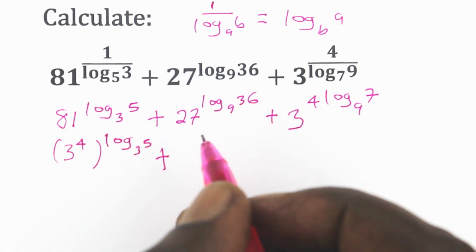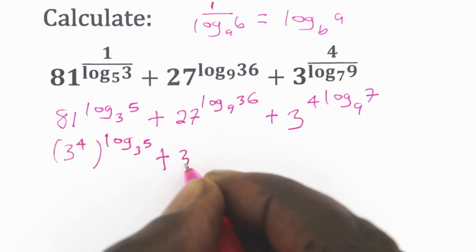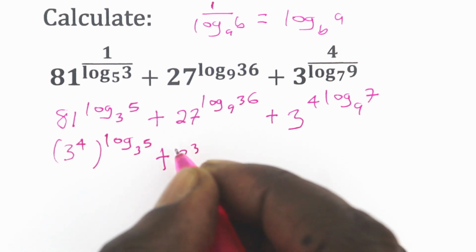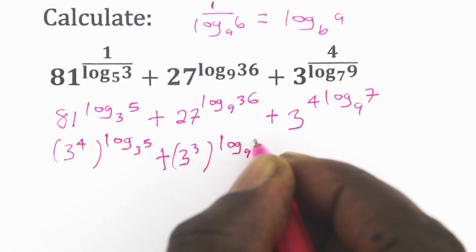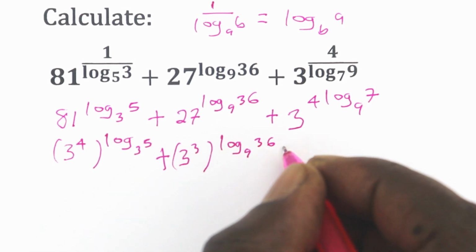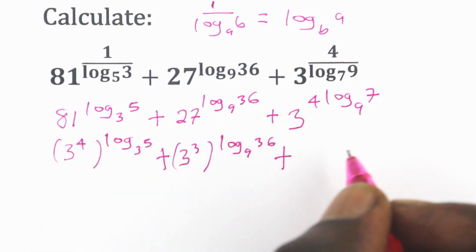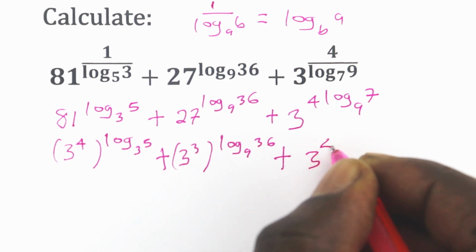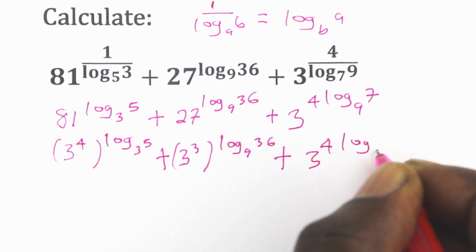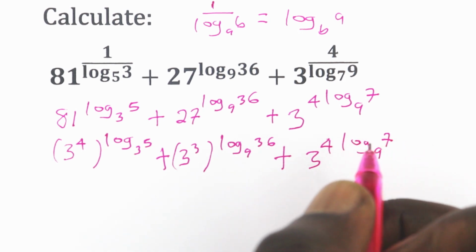Then the second one, we can write 27 as 3 raised to power 3. And that is raised to power log to base 9 of 36 plus this one here, we can just have it as 3 raised to power 4 log to base 9 of 7.